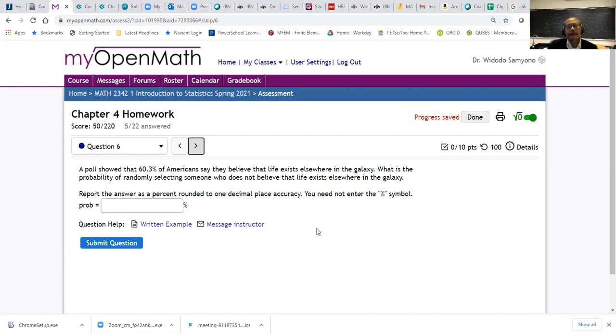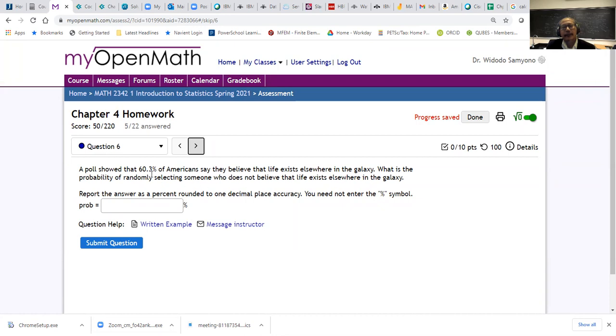Okay, and the next one. A poll saw that 60.3% of Americans say that they believe that life exists elsewhere in the galaxy. What is the probability of randomly selecting someone who does not believe that life exists elsewhere in the galaxy? So this is using the complementary formula, right?